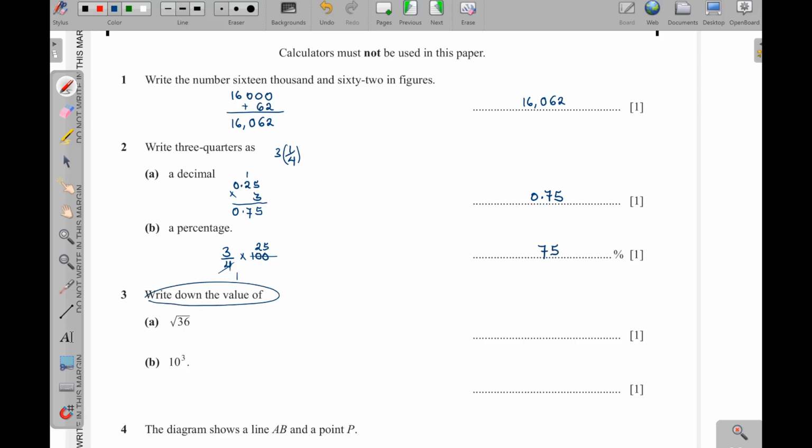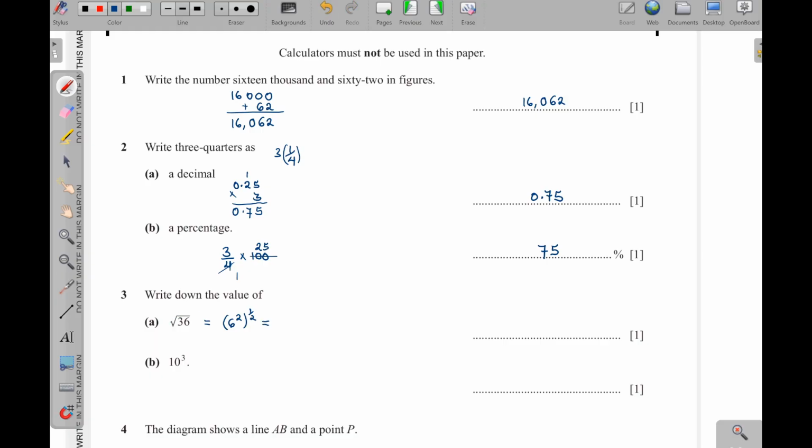Question 3, write down the value of root of 36. Root of 36 is of course 6, because 36 is 6 squared. So I can have 6 squared then to the power of a half, because square root means power half.